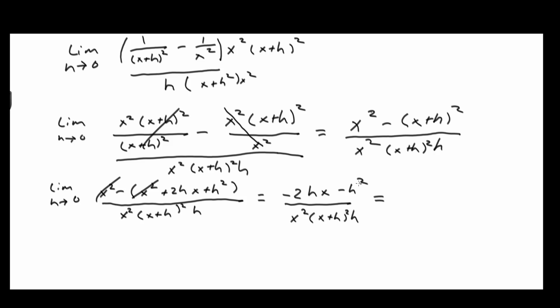So looking at this numerator now, we see we have two h values here. We can go ahead and factor out one of those h values, and that'll help us eliminate this here, because then we'll have that h value isolated. So we'll have h times (negative 2x minus h), so these h's cancel out.